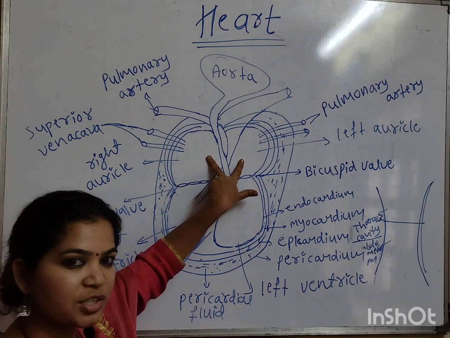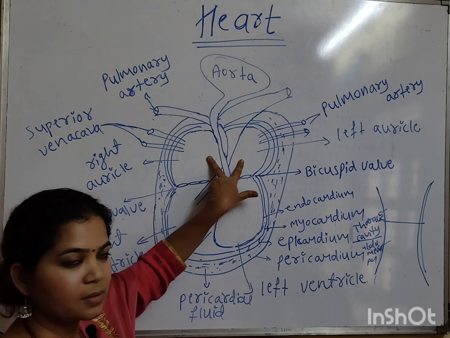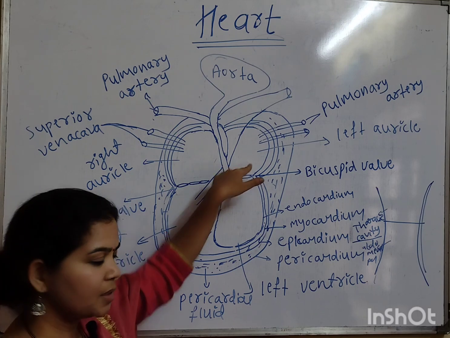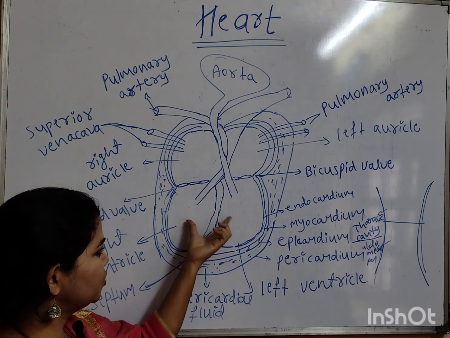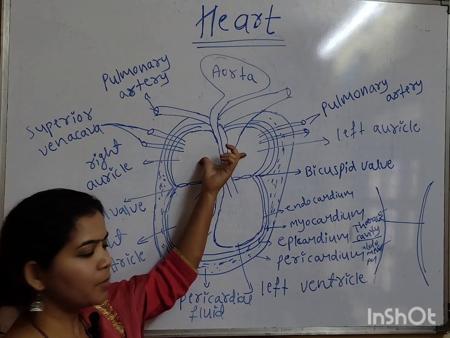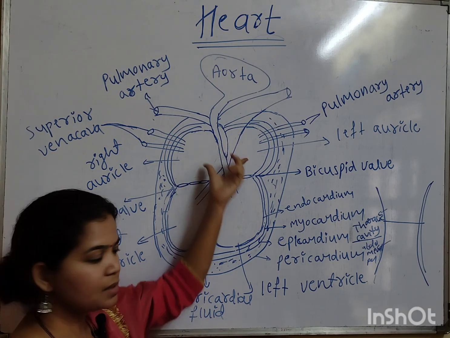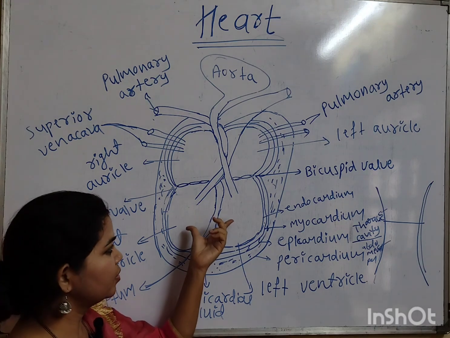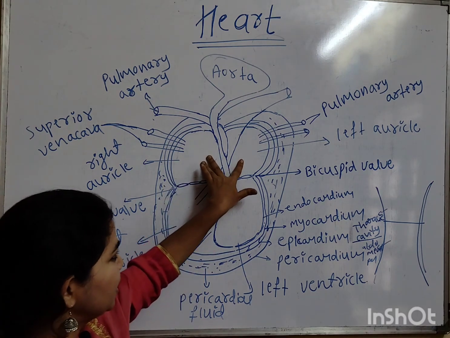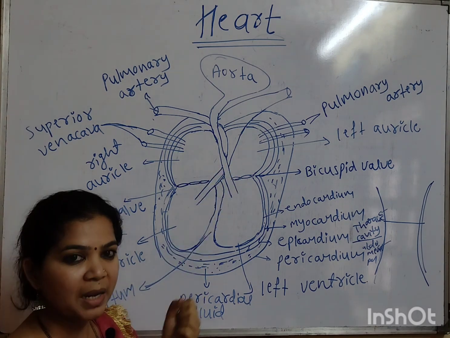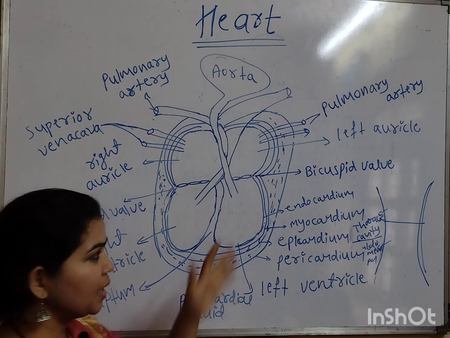The 2 upper chambers are called auricles, and the 2 lower chambers are called ventricles. What is the function of auricles?